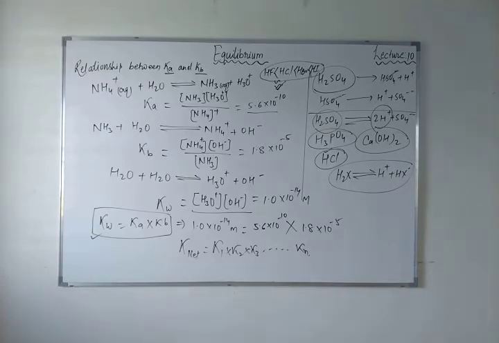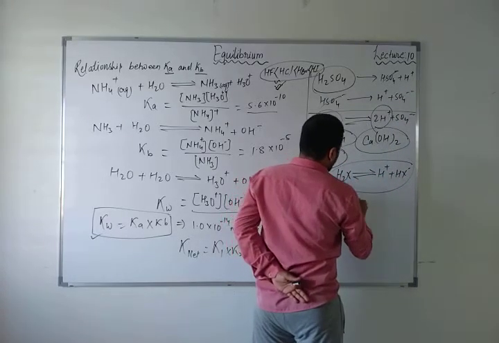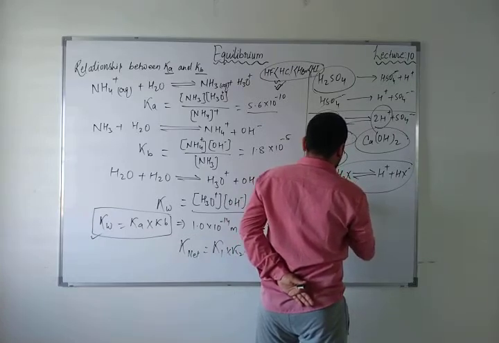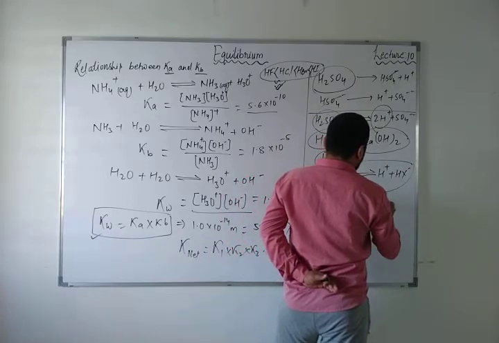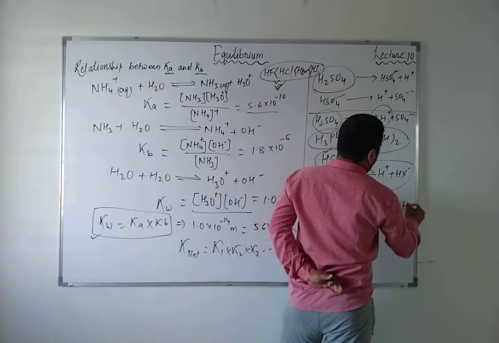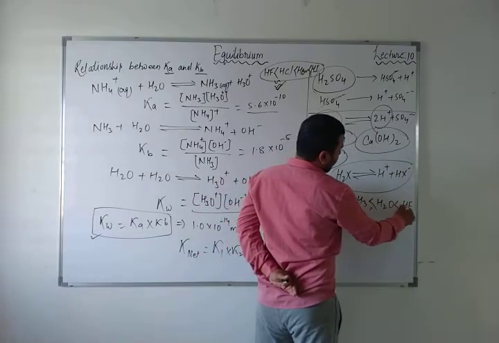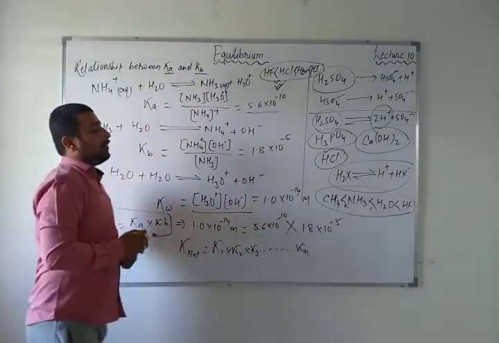Just suppose methane, ammonia, water, HF. Methane, CH4, sorry, not CH3, which is methyl. Methane, ammonia, water, HF. If I talk about these four, the strength of the acid will increase in this order. Hydrogen fluoride will have the greatest strength.